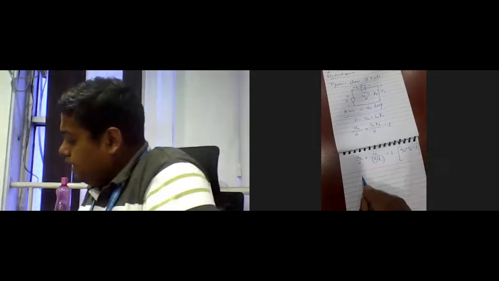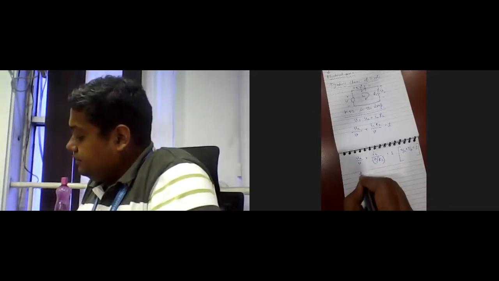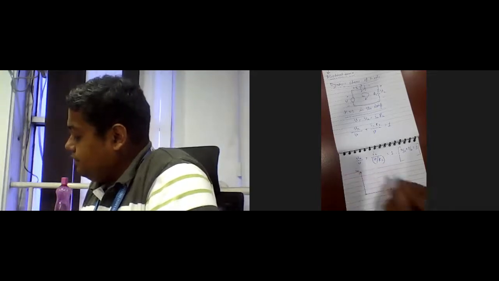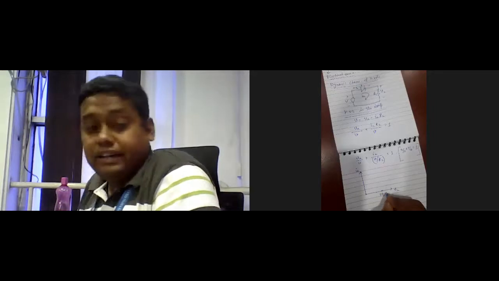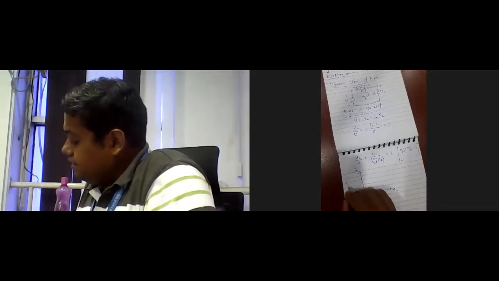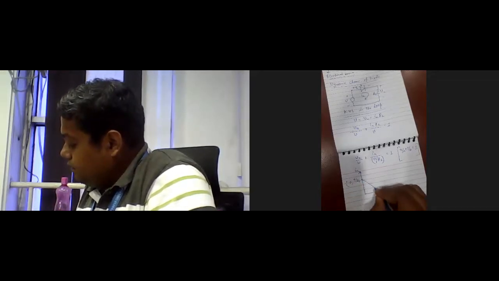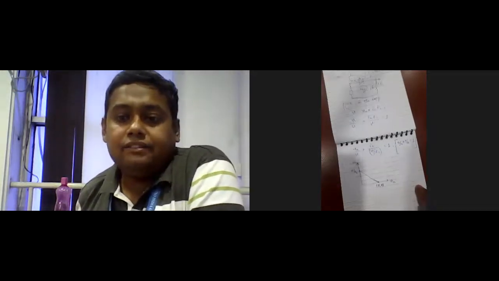So if we draw the line over here, this is IA, this is VA, so this coordinate is V, 0, and this is 0, V by RL. Then it is the DC load line. Am I clear?